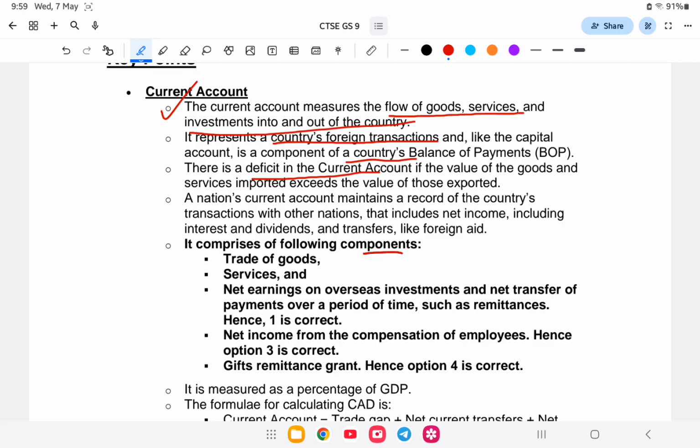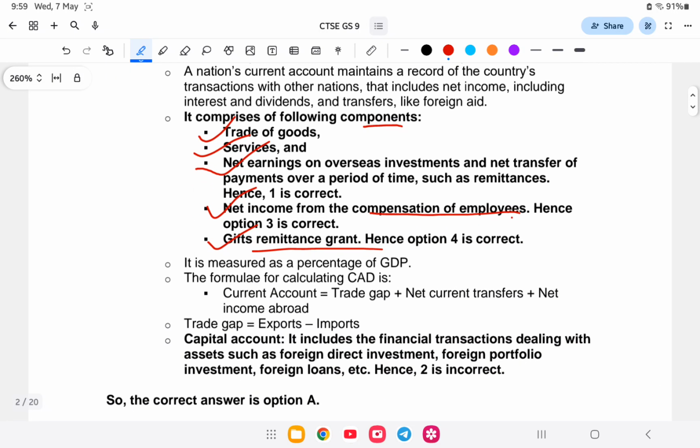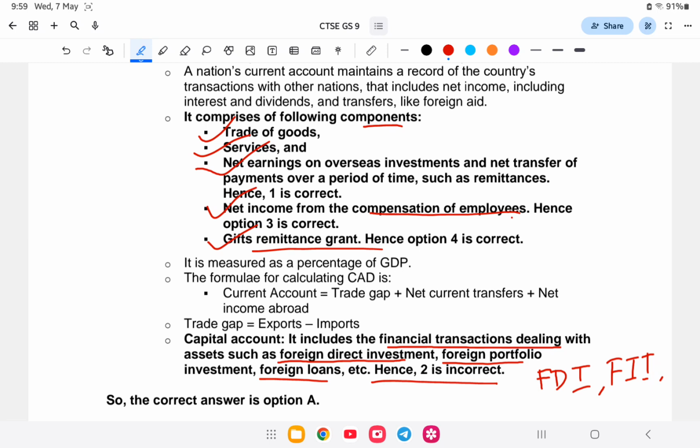Its components are trade of goods, services, net earnings, net income from compensation of employees, or gift remittances. The capital account includes financial transactions dealing with assets such as foreign direct investment, that is FDI, foreign portfolio investment, FII or FPI, and foreign loans, etc. So this is correct. Let us go to the next question.